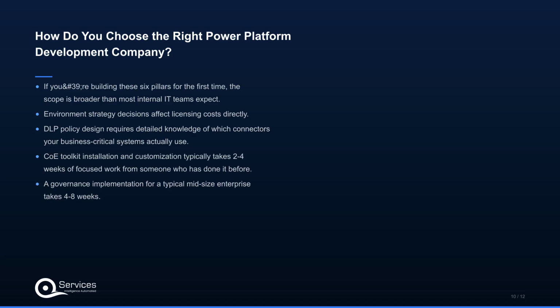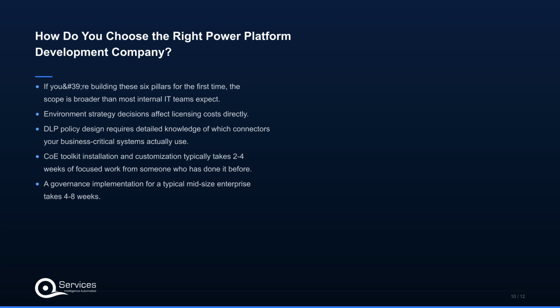ALM pipeline setup requires Azure DevOps or GitHub Actions experience alongside Power Platform expertise, which is a combination most IT generalists don't have. A qualified Power Platform development company should show you their COE deployments and the governance metrics that improved afterward, their DLP policy templates for your industry vertical, and their ALM pipeline configuration for solution deployment.